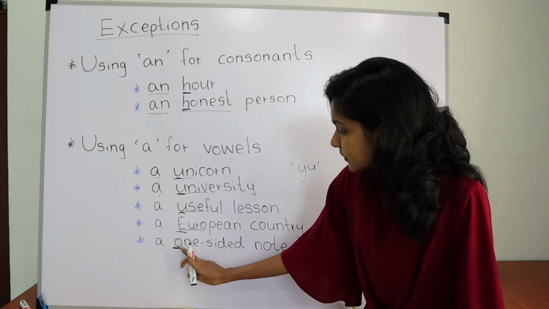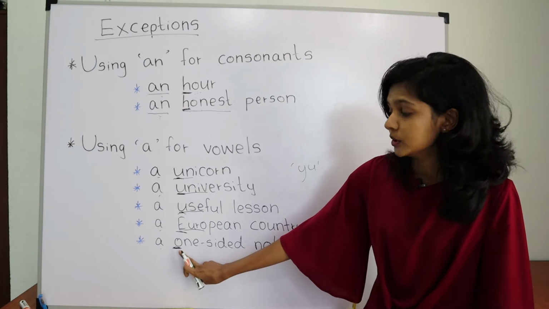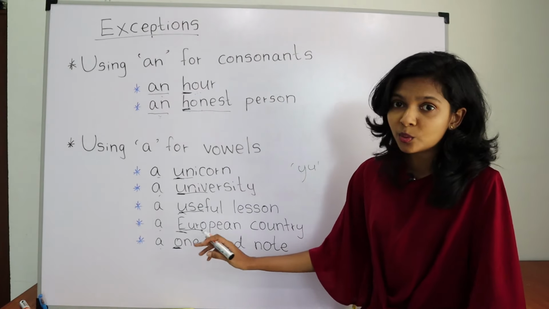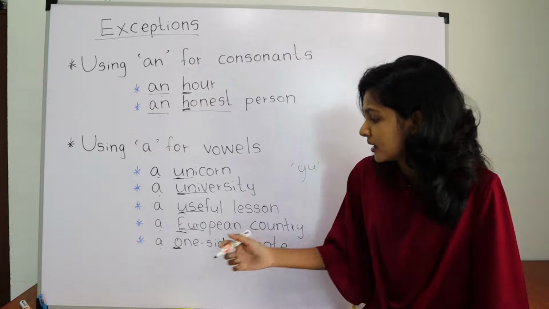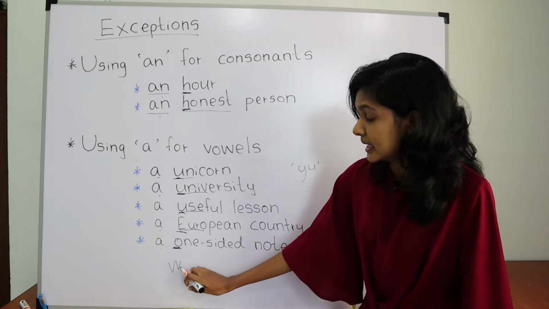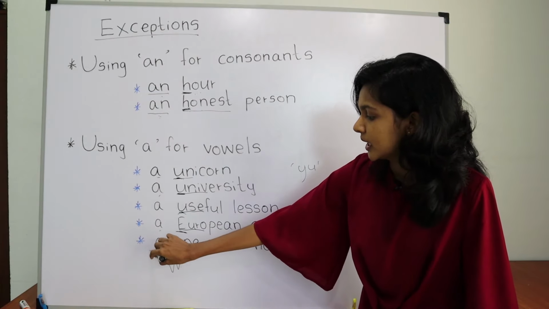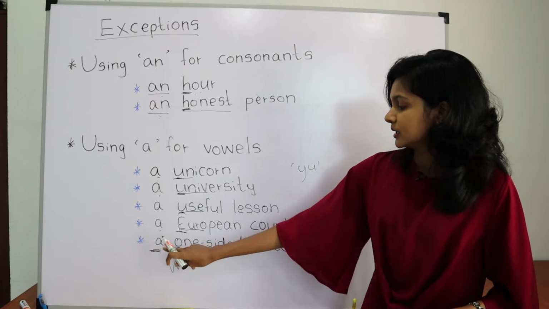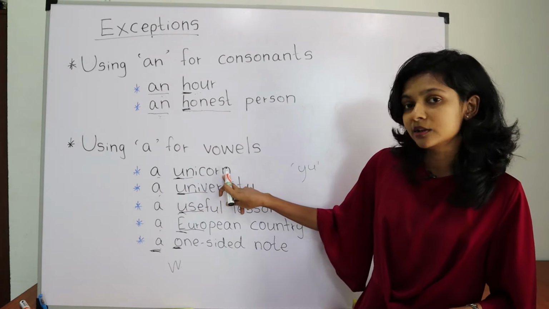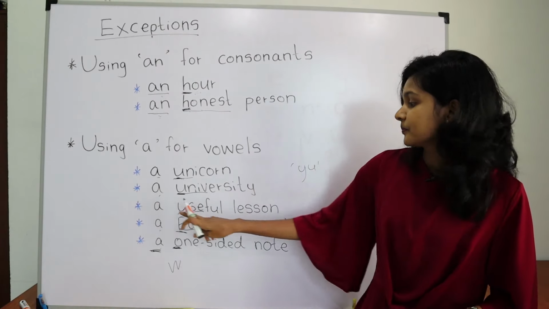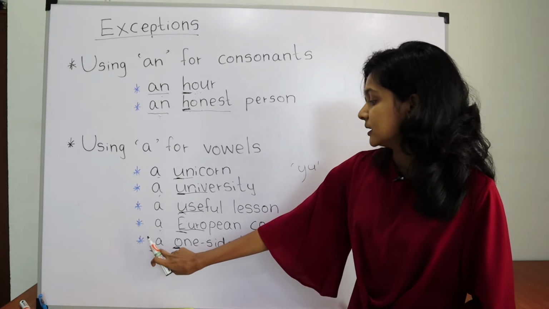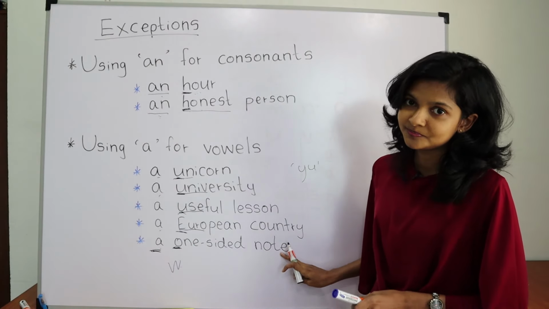In this word, that is true, we have this O sound, but we do not pronounce this as O. We just say one. When we say one, we have to make the sound like a W sound. So that's not a vowel, therefore we have to use a one-sided knot. So let's repeat the words: a unicorn, a university, a useful lesson, a European country, and a one-sided knot.